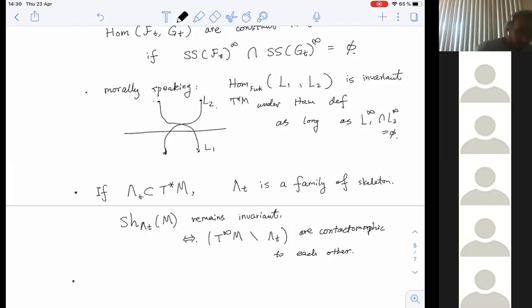Sorry, is this result passing through some notion of an equivalence with this partially wrapped category with this lambda t as a stop? Yeah, it doesn't use the partially wrapped language. It's used purely sheaf language, but I think the idea is the same. In the proof of the paper, there are two versions of the proof.